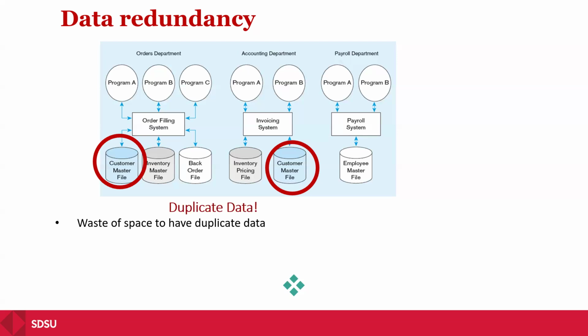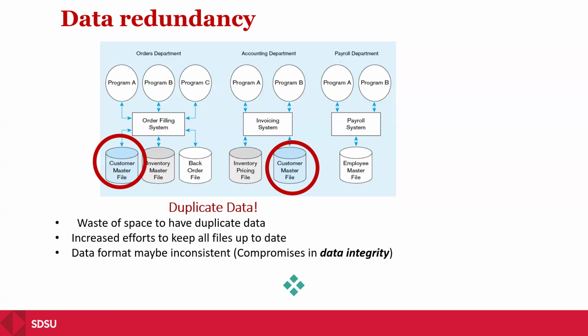It's not a major issue because you guys know that storage nowadays is really cheap. But still, we can use this space for something else. So, here comes increased efforts to keep files up to date, just like we talked. If one department updates the customer master file, there is no guarantee that the other department will update the same file too.